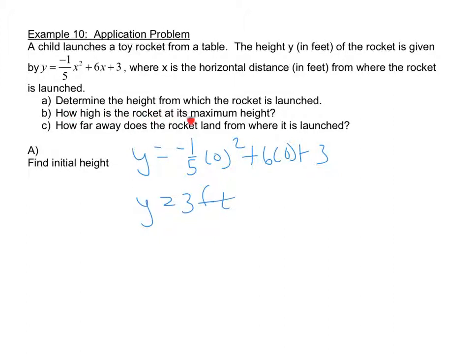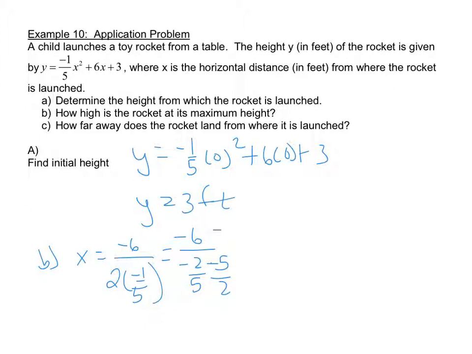Then it says how high is the rocket to the maximum height? Well, find the x-coordinate of the vertex first. So x equals negative b divided by 2 times a. So you get negative 6 over negative 2/5. Multiply by the reciprocal.